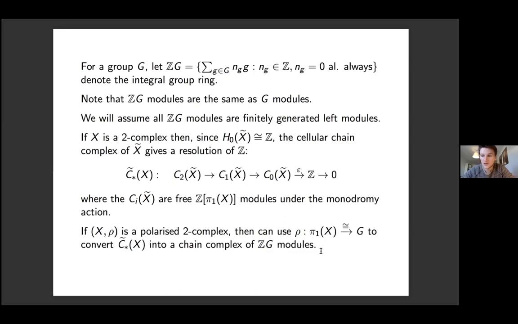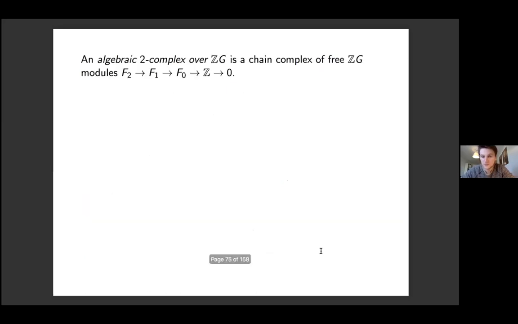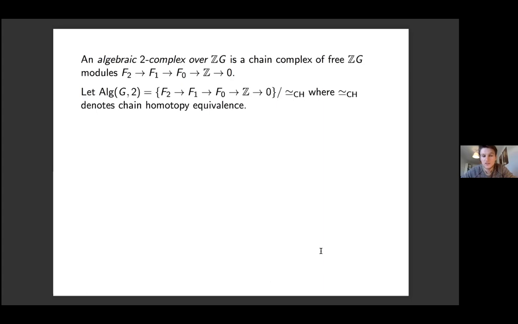So what have we actually done here? We can express this all in very simple terms in terms of a map just between sets. An algebraic 2 complex over ZG is just going to be a chain complex of free ZG modules Fi, which gives an exact sequence Fn to F1 to F0 to Z to 0. We will let Alg G2 be the set of all of these things up to chain homotopy equivalence.